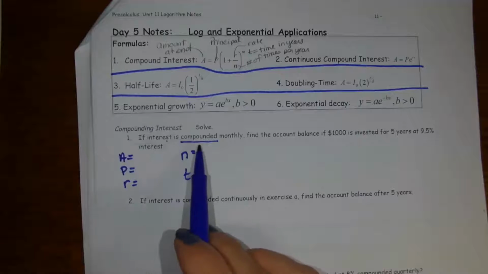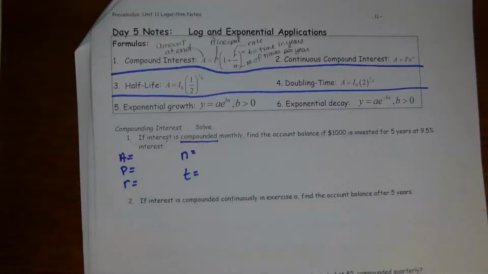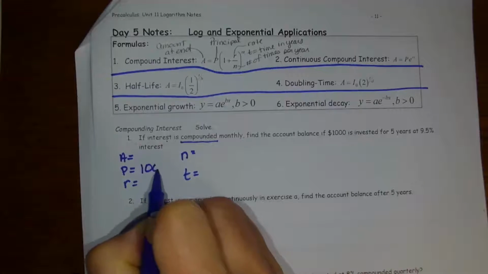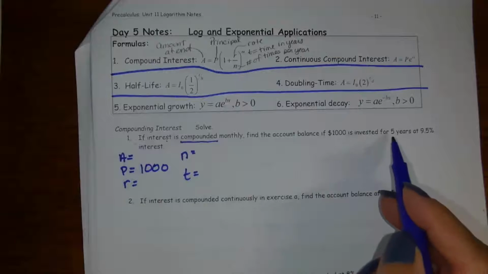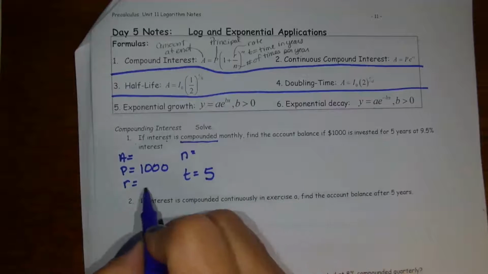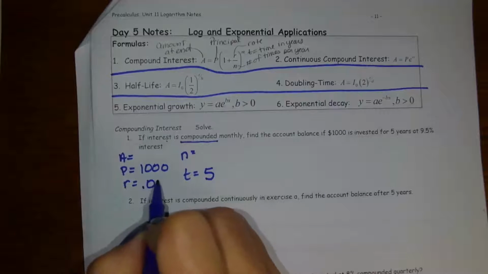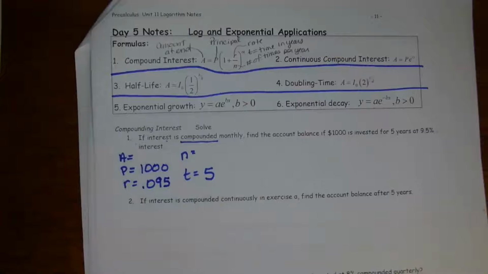So find the account balance if $1,000 is invested. Is that an A or a P? You have $1,000 and you're going to invest it. So is that A or P? That's P. For 5 years, that's time. 9.5%. Now we have to convert that to a decimal. So divide by 100 or move the decimal over twice, right?